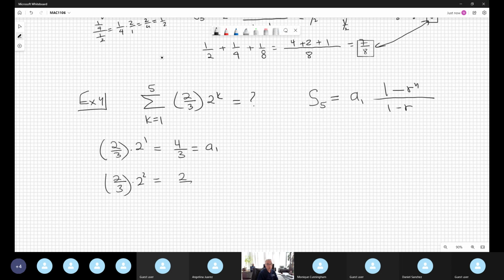We have 2/3 times 4, which is 8/3. This is A2. And remember, the common ratio: you divide A2 by A1. It's 8/3 divided by 4/3. That is 8/3 times flip it, 3/4. Cancel out that part, and the answer is 2. The common ratio is 2.